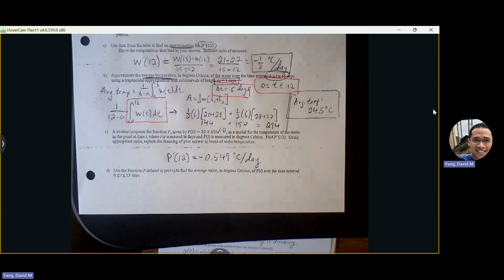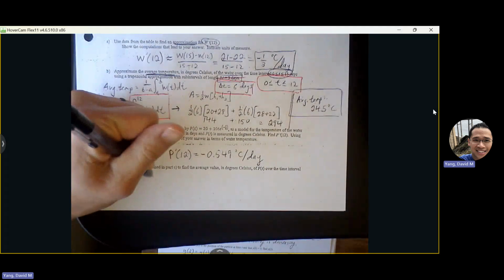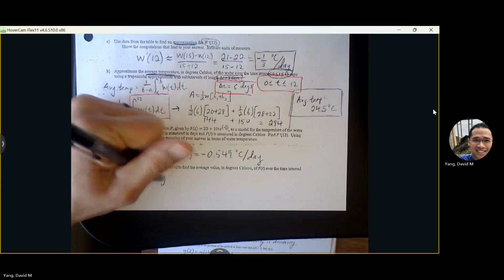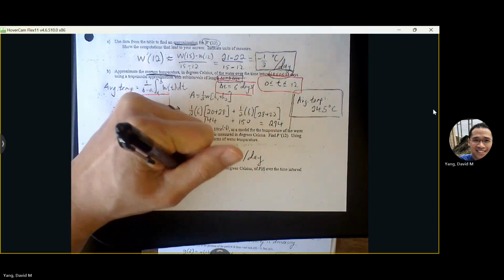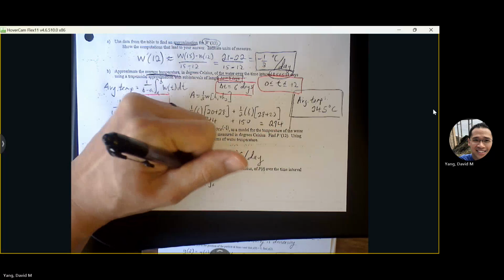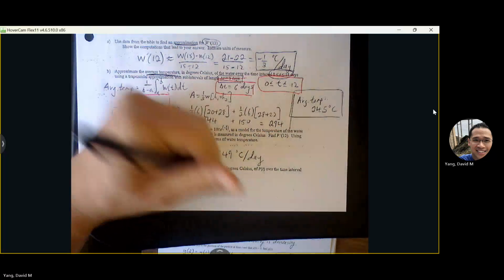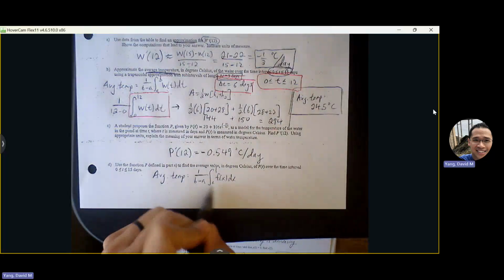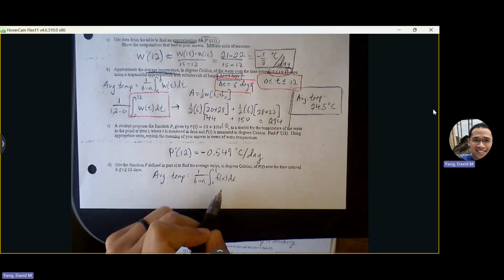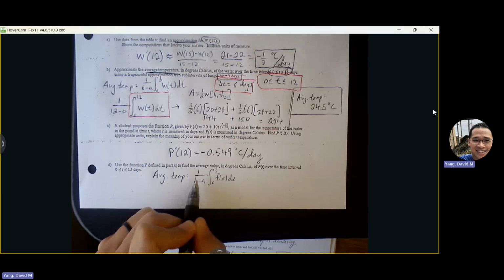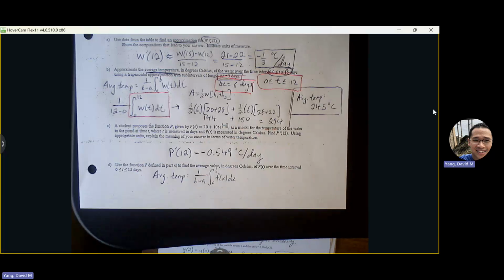So average value is 1 over b minus a. Essentially, we're going to be adding up all the temperatures from 0 to 15 days, and then dividing by 15 days to see what the average temperature is.